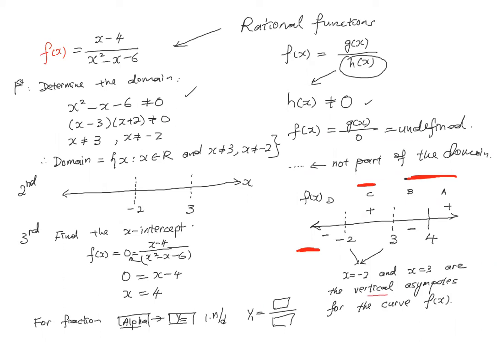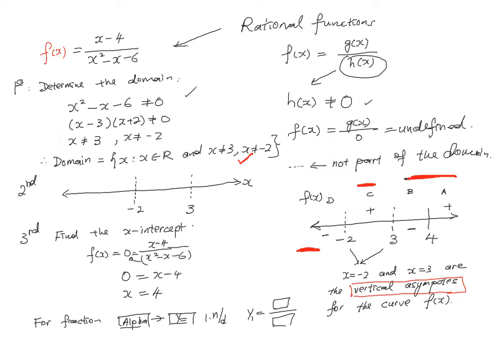So now, how to get the vertical asymptote of a function? You look at the domain. Does a polynomial have a vertical asymptote or not? A polynomial doesn't have a vertical asymptote. Only a rational function here has a vertical asymptote. Later we will study other functions that also have vertical asymptotes.